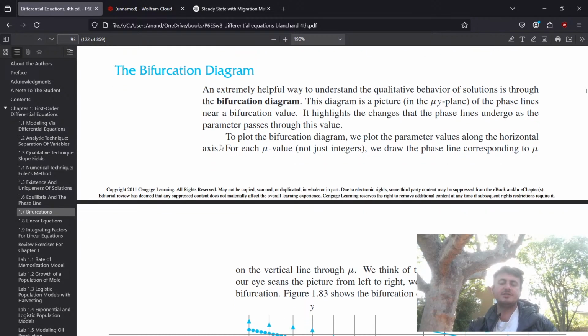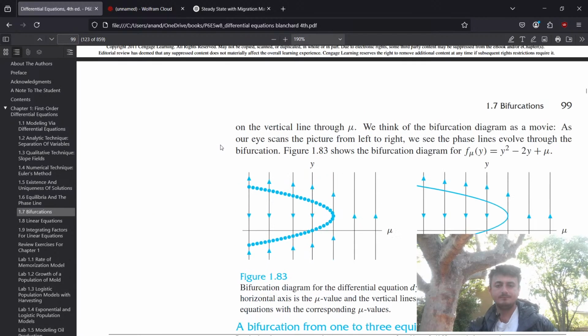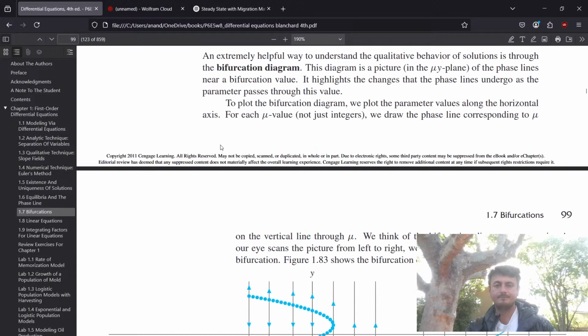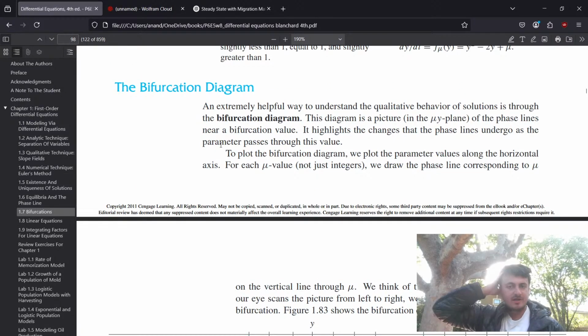The bifurcation diagram. An extremely helpful way to understand the qualitative behavior of solutions is through the bifurcation diagram. This diagram is a picture in the mu y plane.